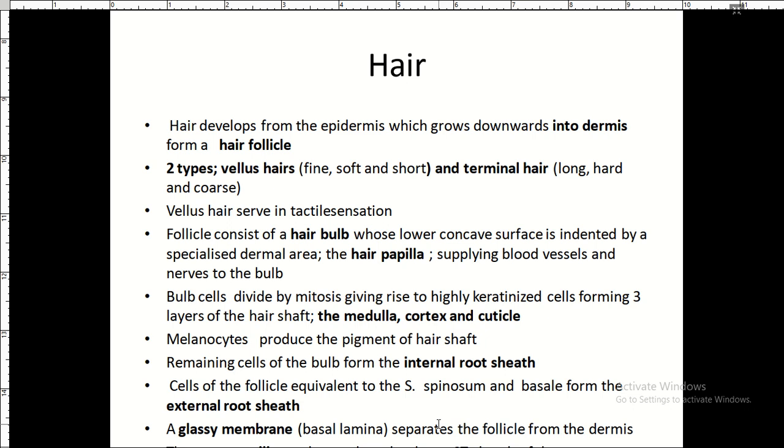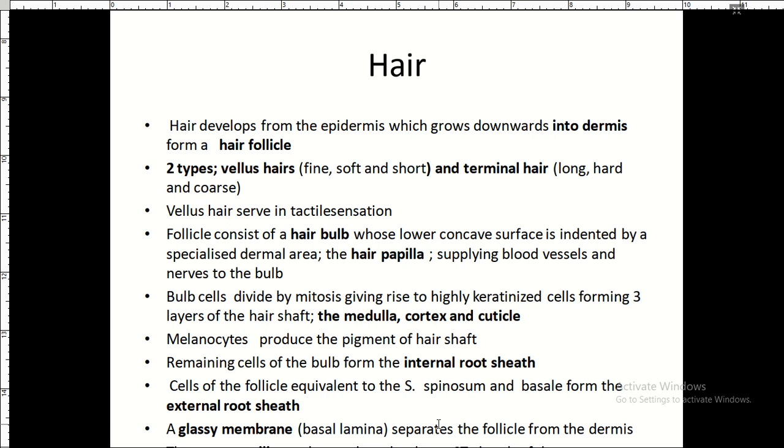So you're going to have mitosis of highly keratinized cells forming the hair shaft. The hair shaft is going to have a medulla, a cortex, and a cuticle, right? And the melanocytes can also send processes that will cause pigmentation of the hair shaft.